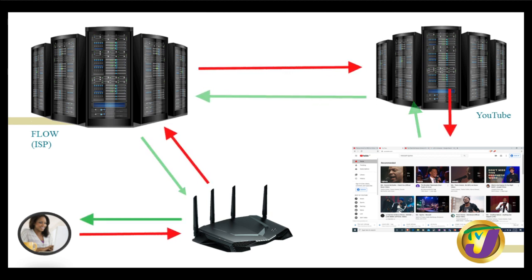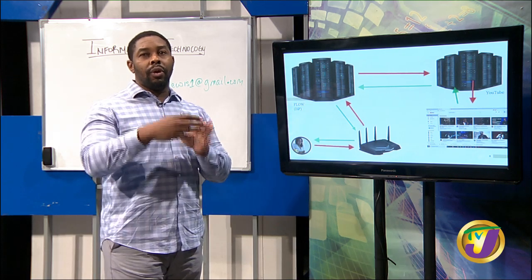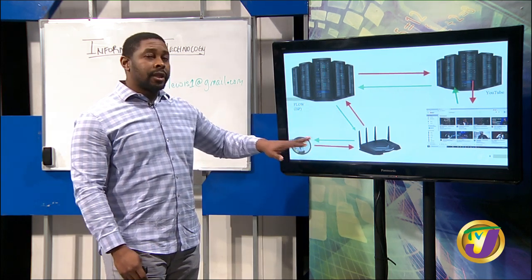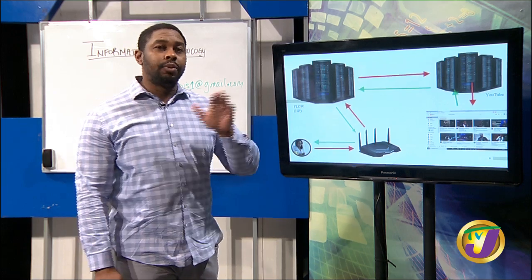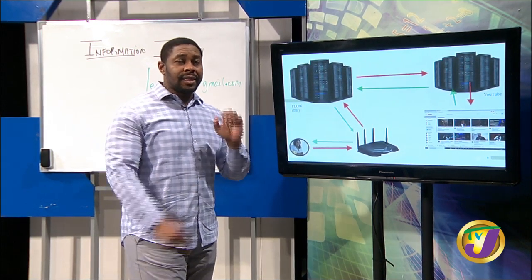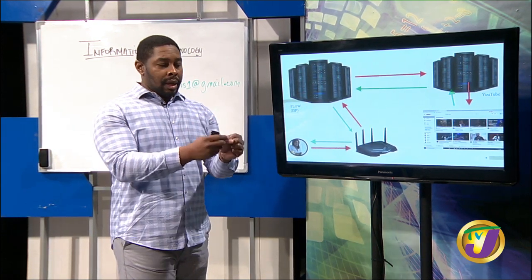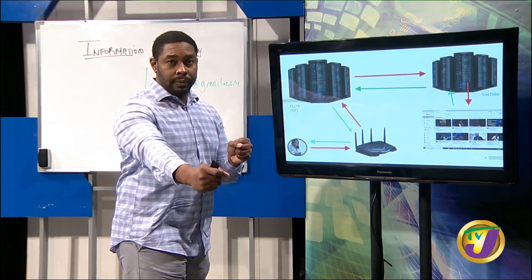And one of the things that comes straight to the fore is that if you type YouTube or whatever website, that particular website is mapped to what is called an IP address, or Internet Protocol address. That Internet Protocol address has the alias YouTube.